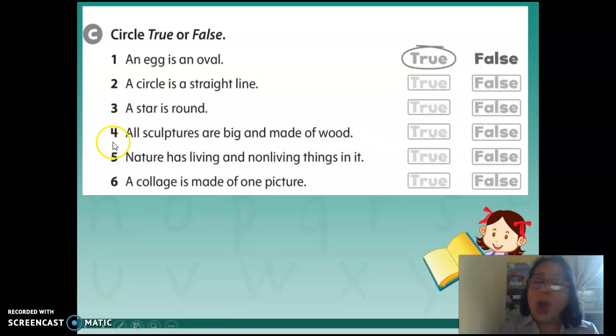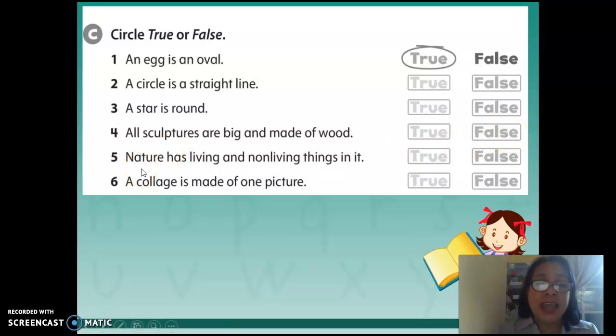Number 4, all sculptures are big and made of wood. True or false? Well, it can be made of wood, but also can be made of other materials. So, because they are made of different materials, that makes the sentence false. So, what's the final answer? False.